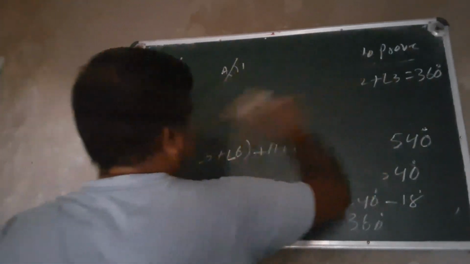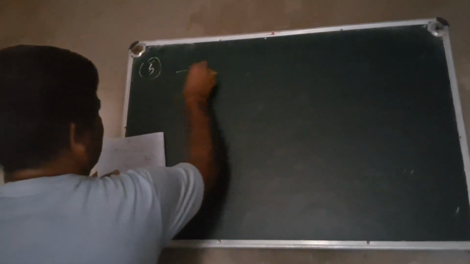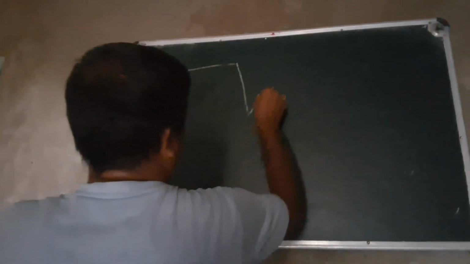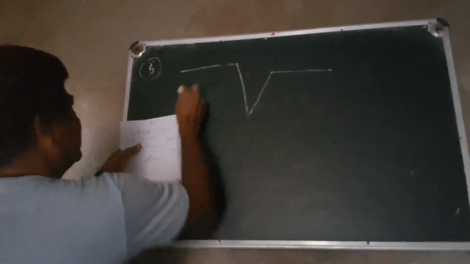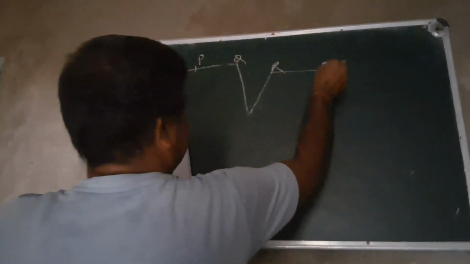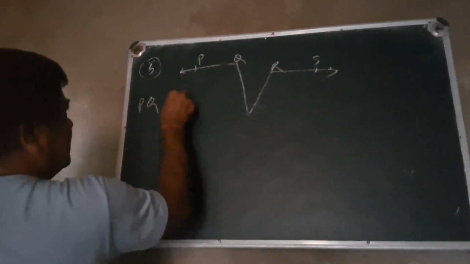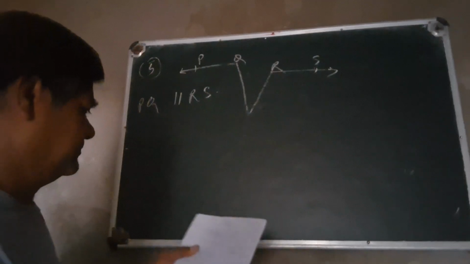Number 5. The figure is given. This line PQ is parallel to RS. PQ parallel to RS.